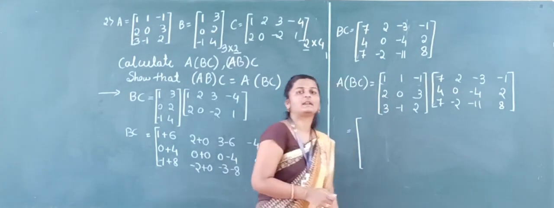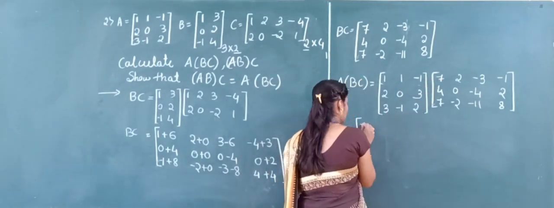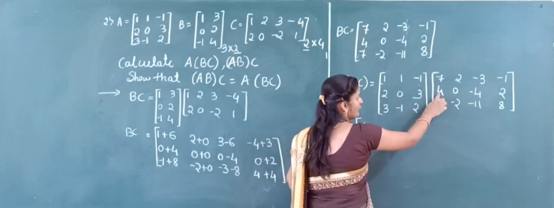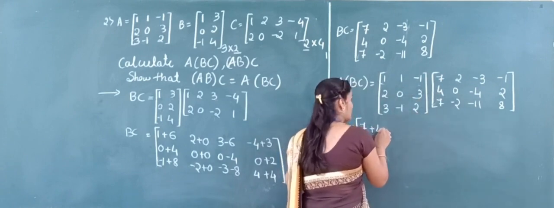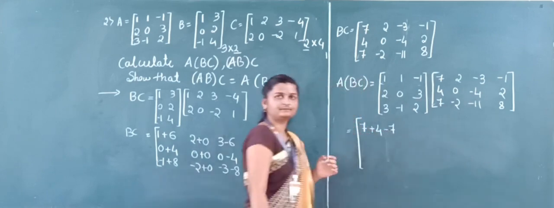This is our first row, this is our first column, so you have to multiply both. 1 into 7 is 7, 1 into 4 is plus 4, minus 1 into 7 is minus 7.